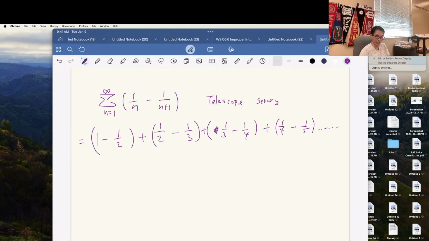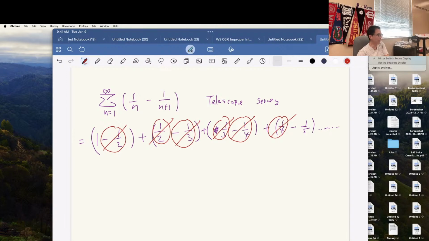What do you see? This and this cancel out. So it's just 1. This and this cancel out, this and this cancel out, and even the 1/5 will cancel out. So the remaining term is going to get smaller and smaller.